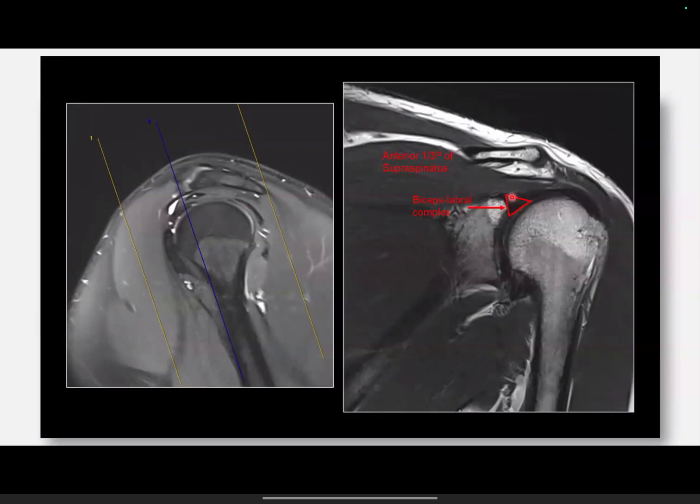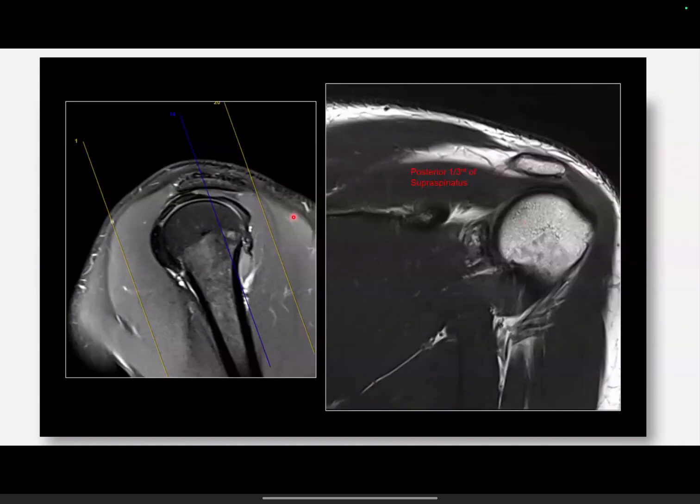The next image, at the level of the biceps labral complex, shows the biceps tendon, the biceps labral complex, and the anterior most part of the supraspinatus, the anterior one third. This has importance because interstitial or rim rent tears are commonly seen in the anterior one third fibers, and on sagittal images they are commonly missed because of the biceps tendon. So always confirm the anterior one third fibers of supraspinatus on coronal images.